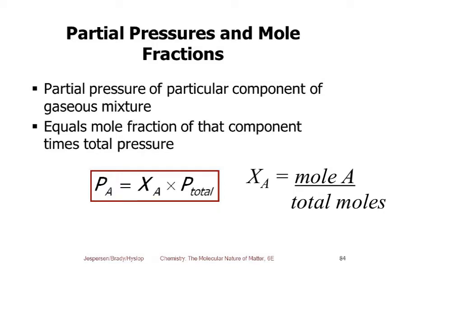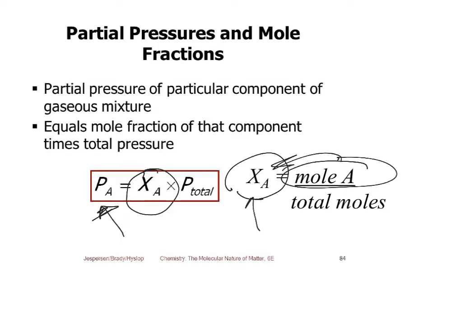There is an easy way to find the partial pressure of a gas if you know the mole fraction of the gas in the mixture. So it's a new formula for us, but of course mole fraction or any type of fraction is the portion of what you're interested in over the total amount.